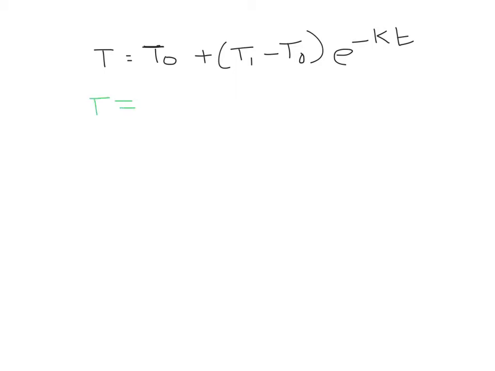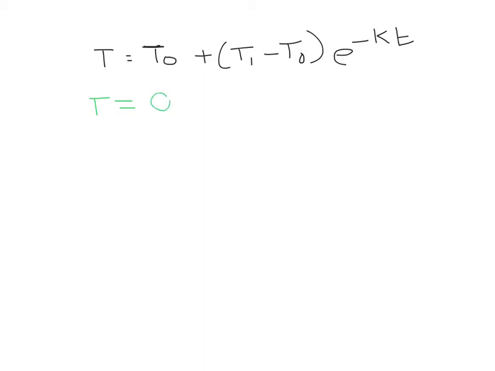Okay, so to do this, we're going to have to go back to the original Newton's formula, which is your final temperature T is equal to the temperature of the room plus the temperature of the coffee minus the temperature of the room, times e to the negative kt, where t is the number of minutes. So we're looking for our final temperature, so that's going to be unknown.